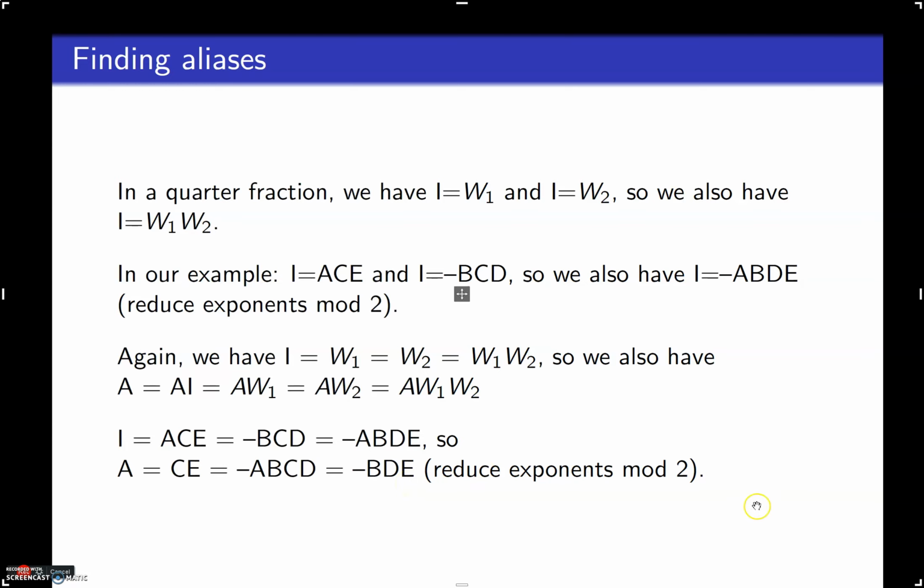These were all reduced exponents by modular 2. Make sure you can see where that comes from. But for example, I'll go with the first term. When I multiply A times W1, I get A squared CE. A squared modular 2 gives us just CE for this first one. Same idea over here.